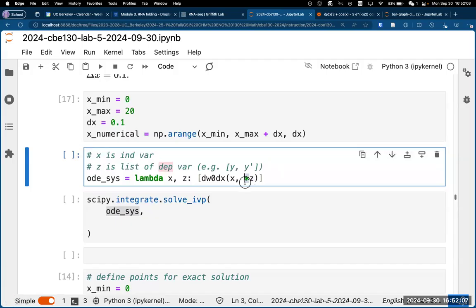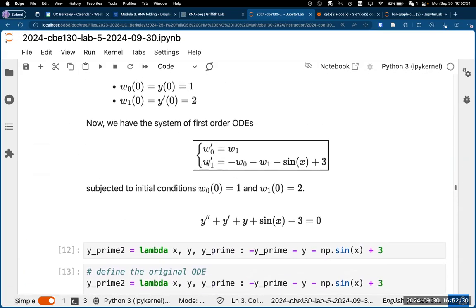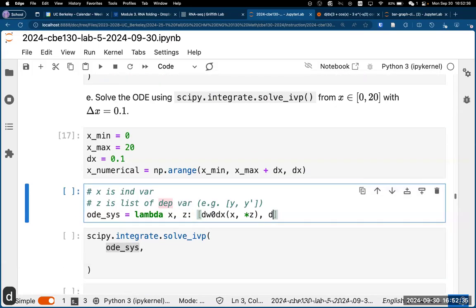So this star in front of a list means that we are unpacking all the elements of this list. So this is the same as saying x, z0 and z1, but I'm writing it compactly as star z. So this is the first line. The second line is the second line of our ODE, which is W1 prime. So we call that dw1dx, evaluated at the independent variable and all the dependent variables.